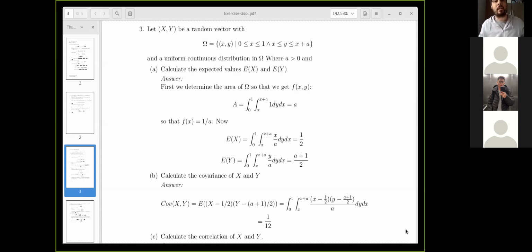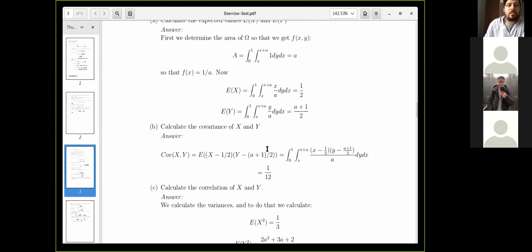And that's what we are doing here. So we notice that the expected value of x is 1/2, as you would expect, because it's between 0 and 1, it's uniform. But because y is between x and x plus a, the expected value of y is a plus 1/2.